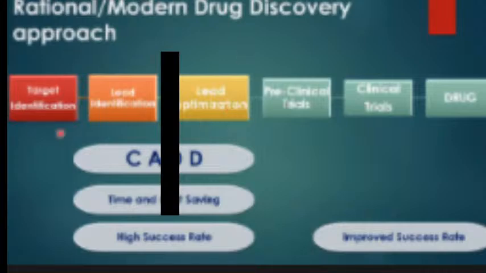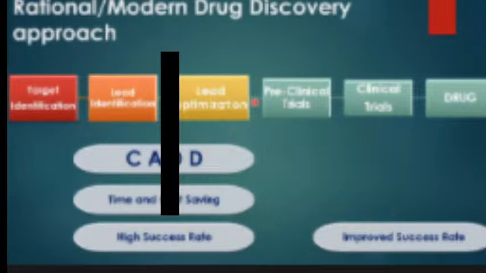Once all these things are happening in silico, inside the computers, your lead is optimized in various ways. You can optimize it for being an oral drug, for activity, and for the least toxicity.